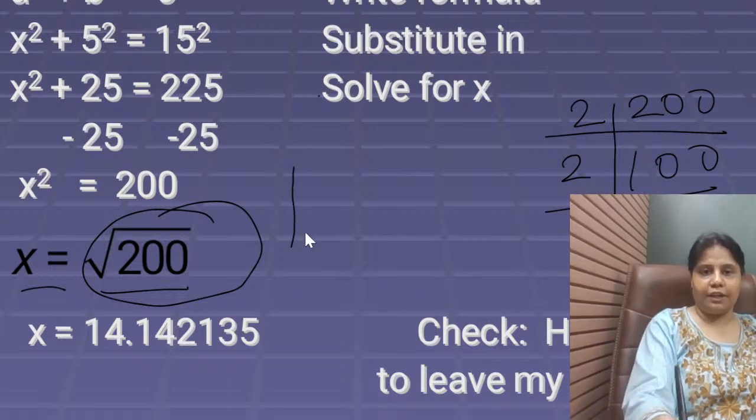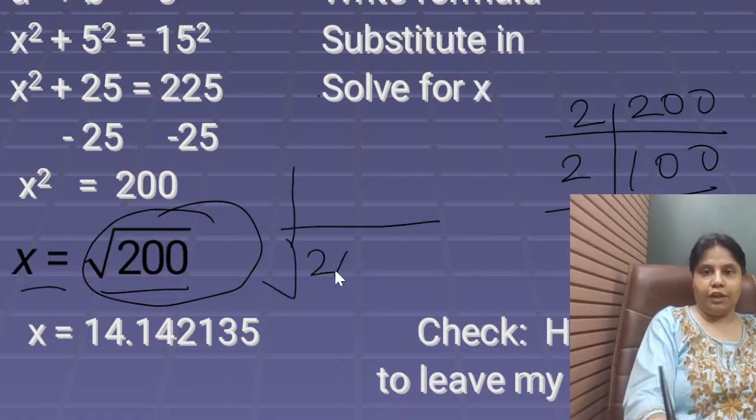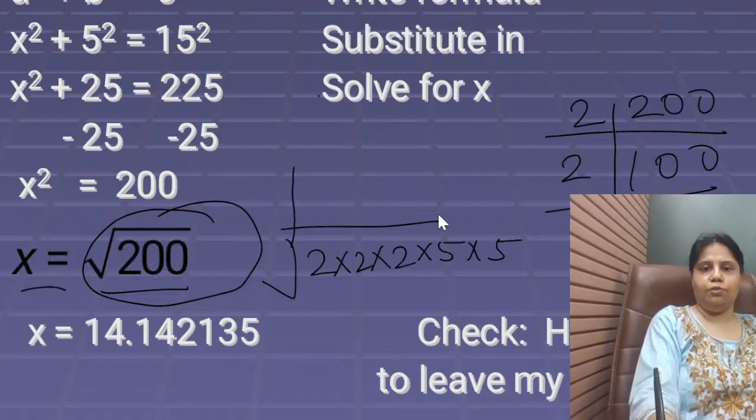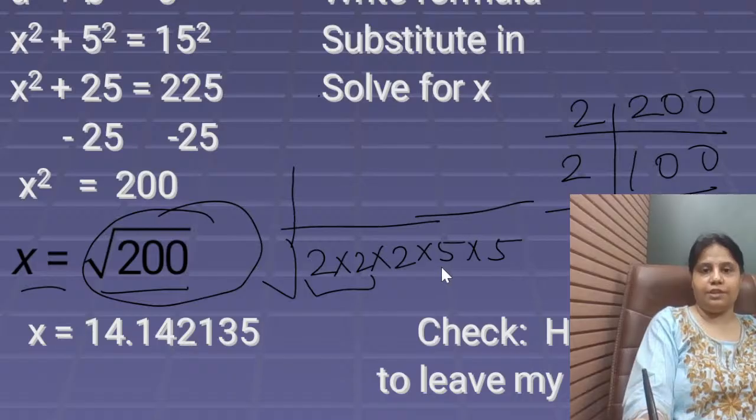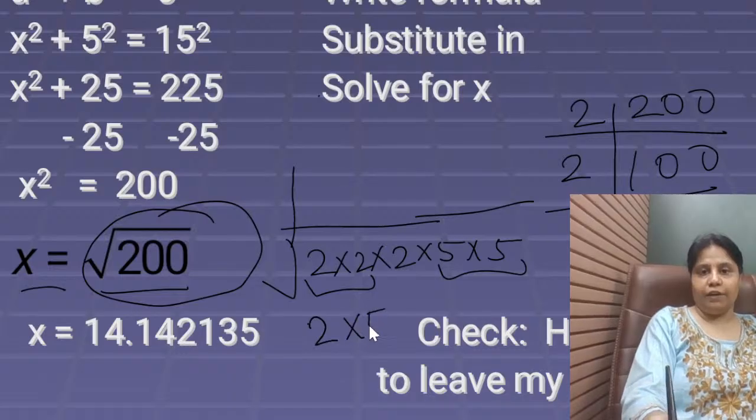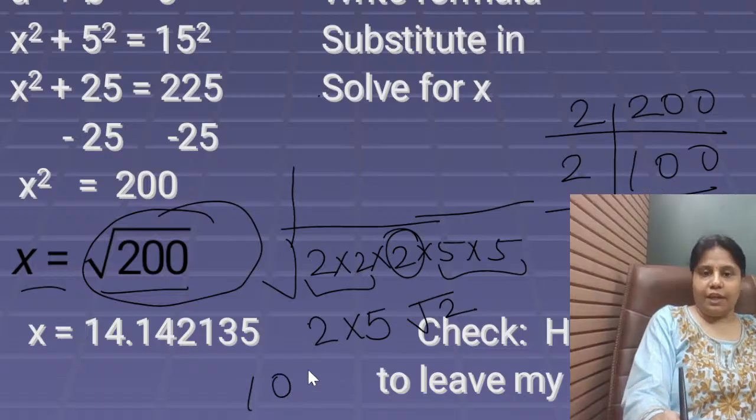So what are the factors? 2 times 2 times 2 times 5 times 5. As this is a square root, we will just take out the pairs. One from the pair of 2s, and 5 from the pair of 5s, so 2 times 5, and this will remain inside root 2. So it is 10 root 2.